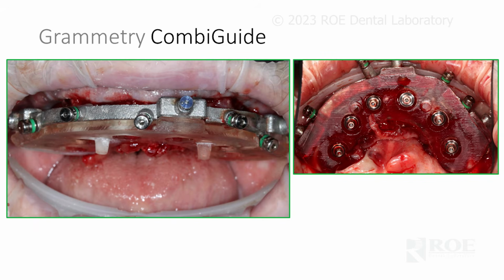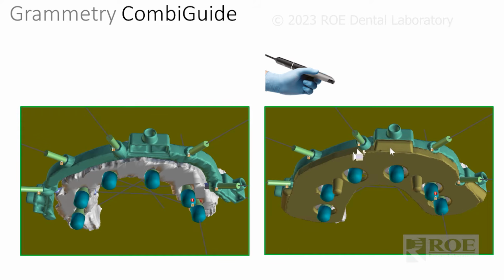This goes in. Then you scan the carrier guide in the mouth with the healing collars. So put healing collars on the multi-unit abutments, seat the carrier guide, scan, and be sure to pick up the fixation base, because that's the fiducial.